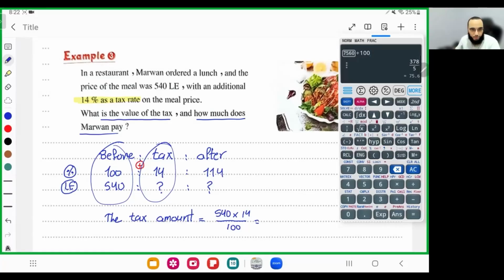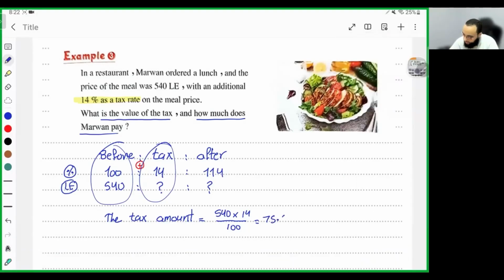Yes, it's correct. This is the amount of the tax. Then it's gonna be added to the actual price in order to know the money that I have to pay.